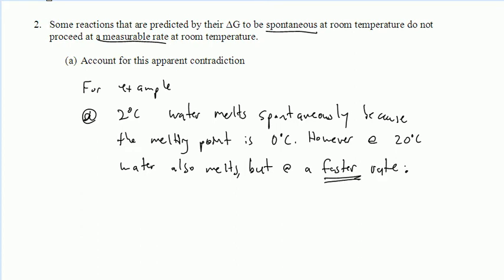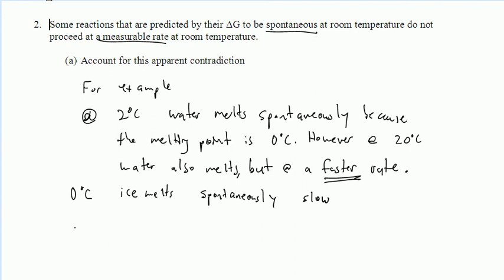Okay, so I want you thinking about this. I'm going to draw a little chart to do this. At 0 degrees Celsius, water or ice melts spontaneously, but it's slow.